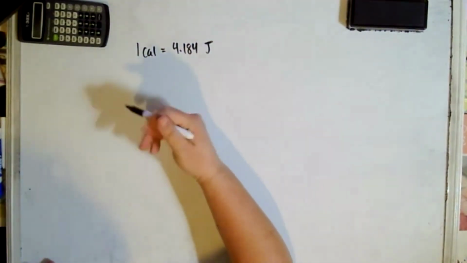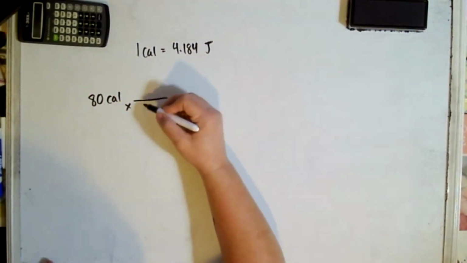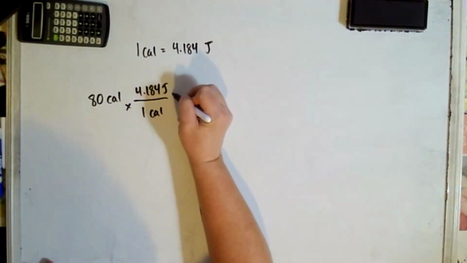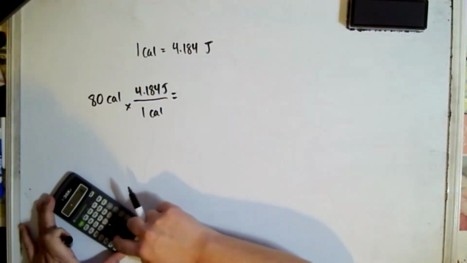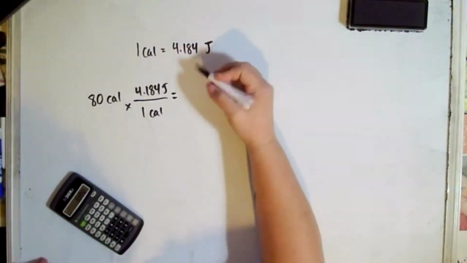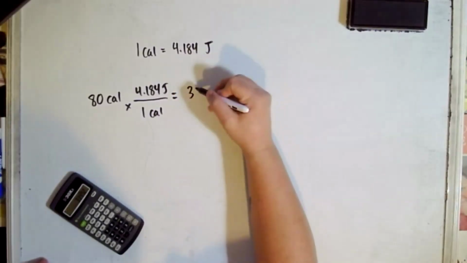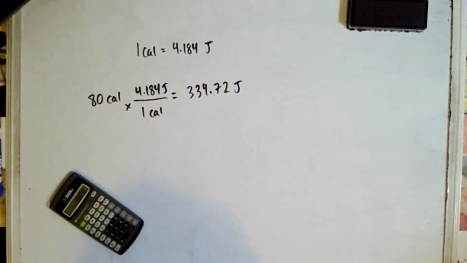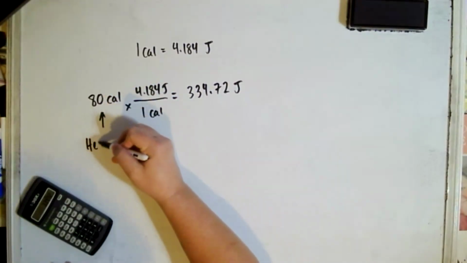So if my heat of fusion for water is 80 calories and every 1 calorie is 4.184 joules, then my heat of fusion in terms of joules is 334.72 joules. Okay. So maybe they could have even rounded that up to 335, but that's where the number comes from. It's not like a random number. This is our heat of fusion for water.